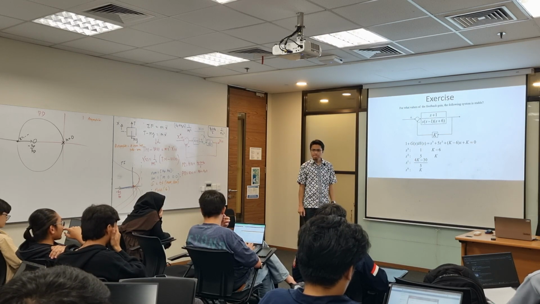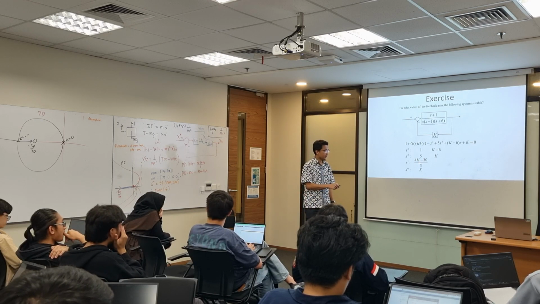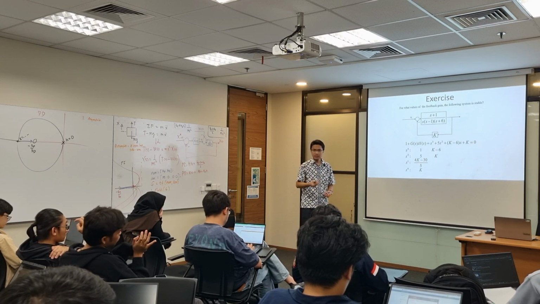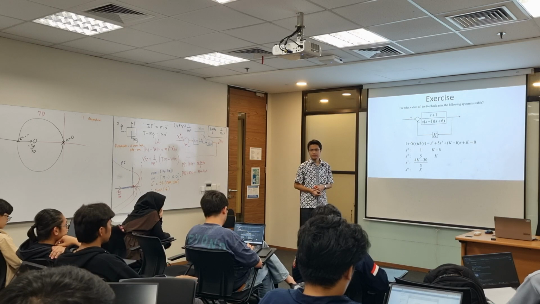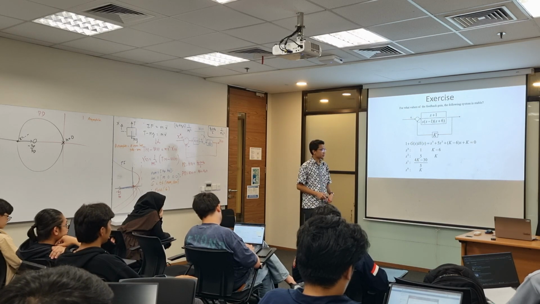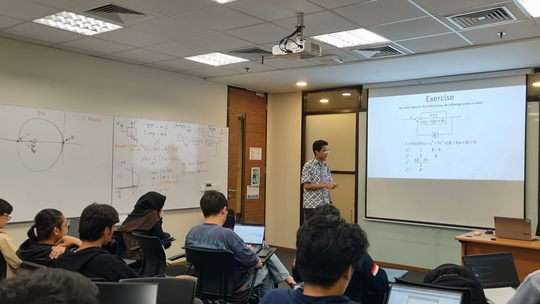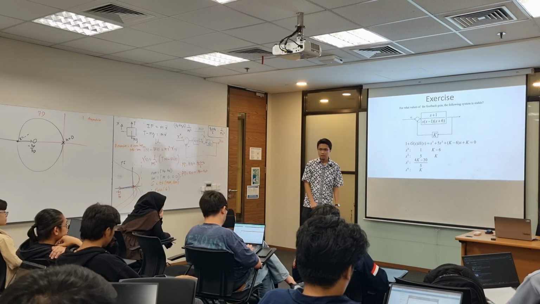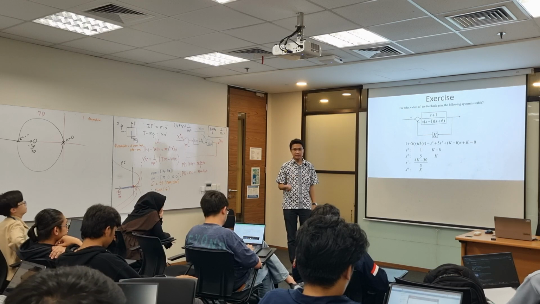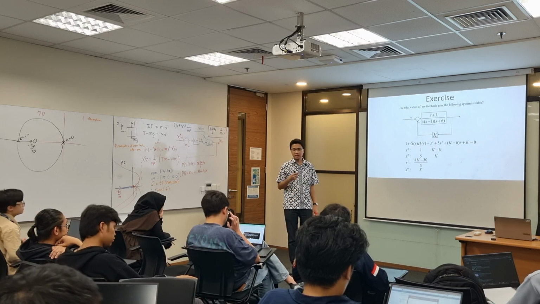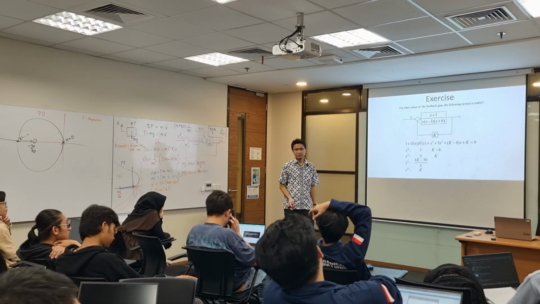For S1, 4k minus 30 must be positive, because k is positive, 5 positive, 1 positive, so we want to make this one also positive. So 4k must be greater than 30, then k must be greater than 7.5.